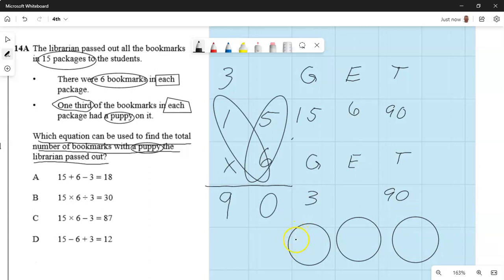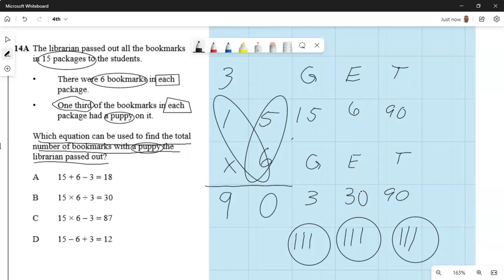So that's 10, 20, 30, 40, 50, 60, 70, 80, 90. So I separated all the bookmarks. I see there's 30 in each group. So that means that 30 of the bookmarks will have puppies on them.